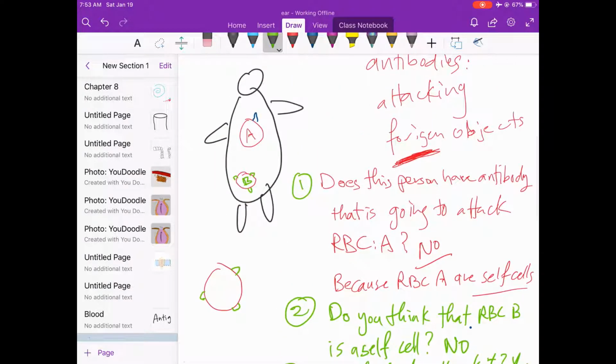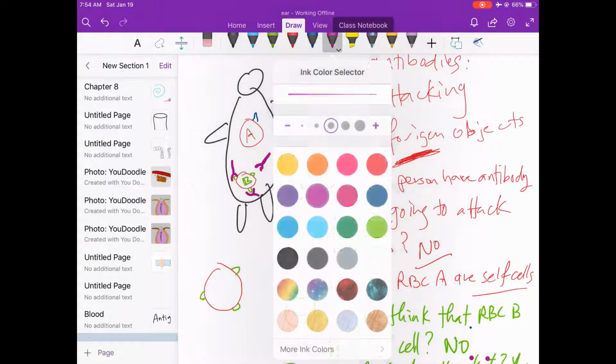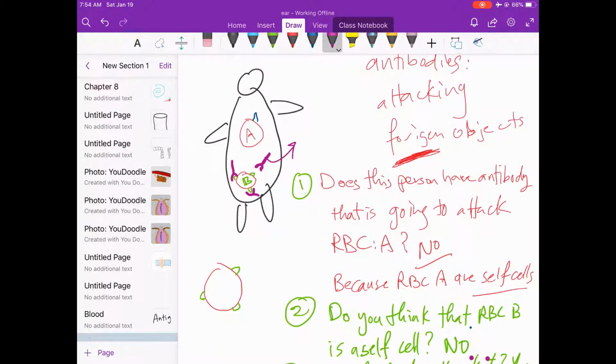So now this person has an antibody that is specific for the B, and these antibodies are going to attack the antigen B. So these antibodies are called anti-B antibodies.